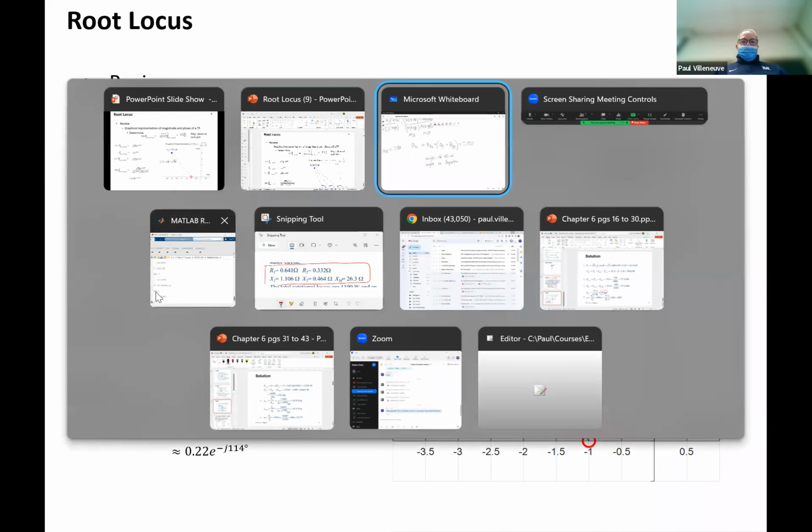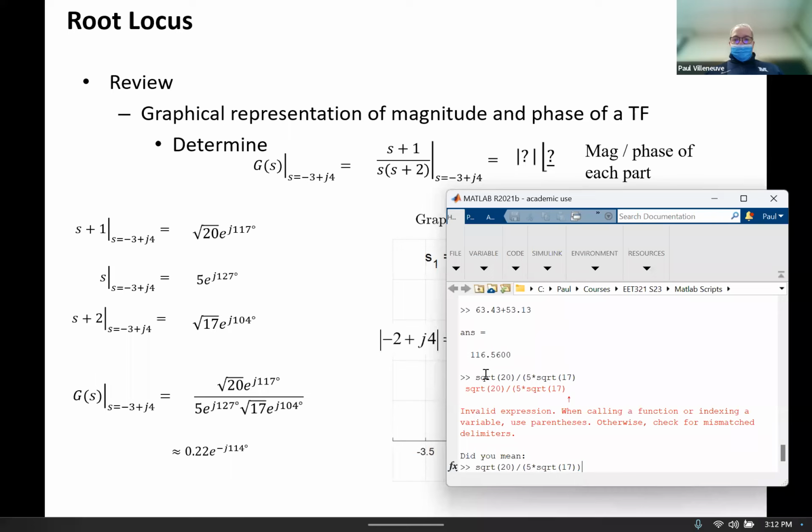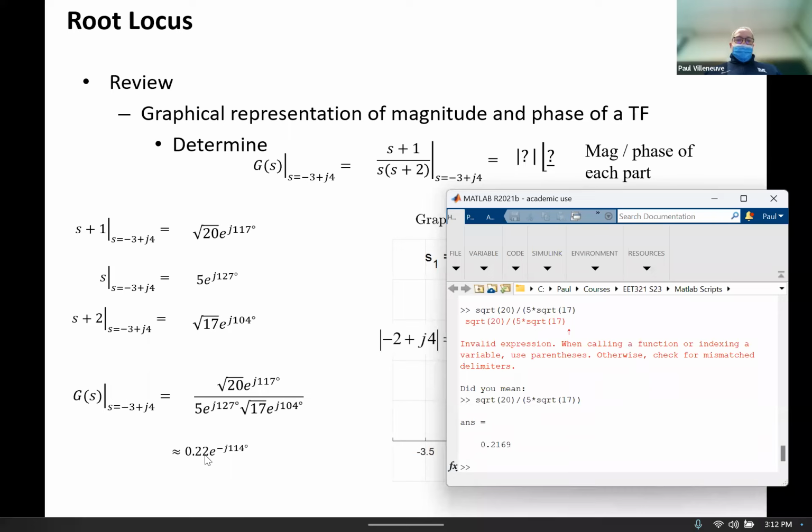So let's do that in MATLAB. Square root of 20 divided by the square root of 5 times the square root of 17. Oops, I forgot to close parentheses. And that is the magnitude of G of S, H of S evaluated at that point using polar coordinates.